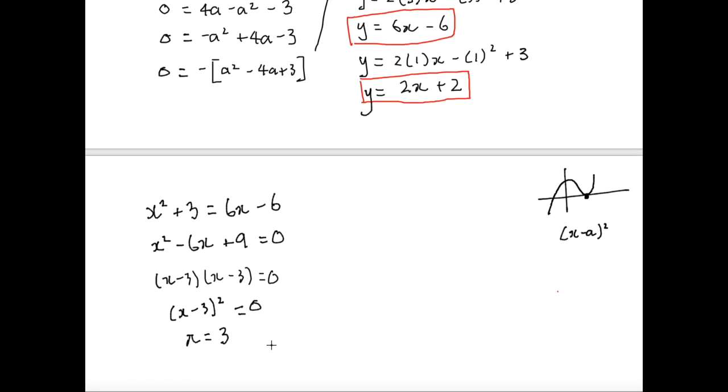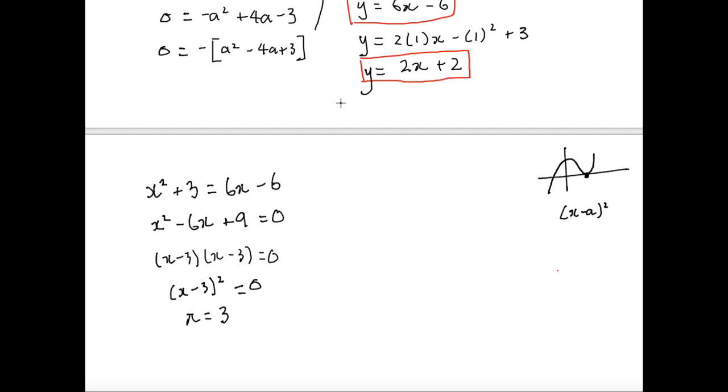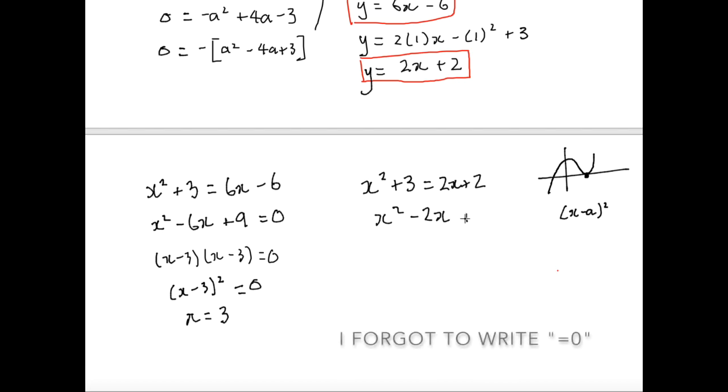So in this case, we know that one point is x equals 3, and for the other we say x squared plus 3 is equal to 2x plus 2. So x squared minus 2x plus 1. Multiplies to give 1, adds to give negative 2. That's going to be x minus 1 squared. Again, in the same logic as before, we can say x equals 1.